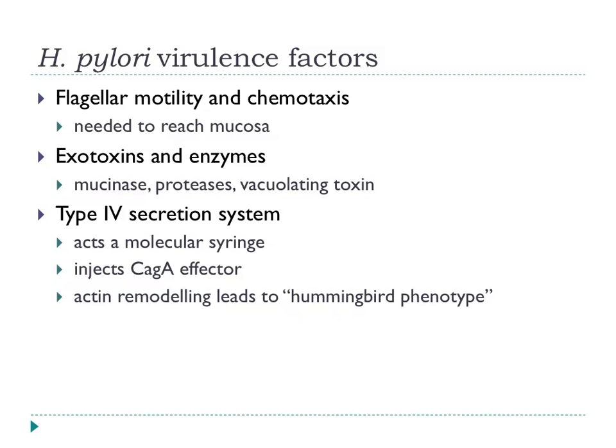And this has all sorts of effects on the cytoskeleton, actin remodeling. And when you look at the cells down the microscope, these are the epithelial cells, they take on what's known as the hummingbird phenotype. Rather fanciful term, but with the eye of faith, you can look at a cell and say it looks a bit like a hummingbird.